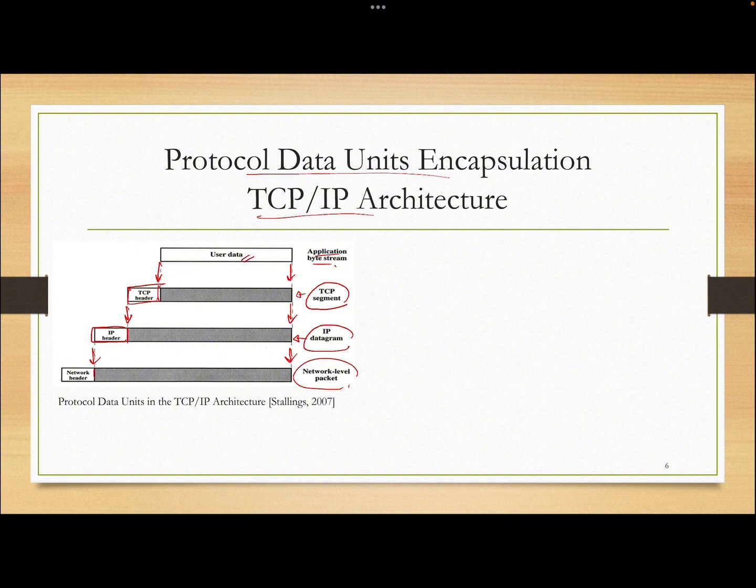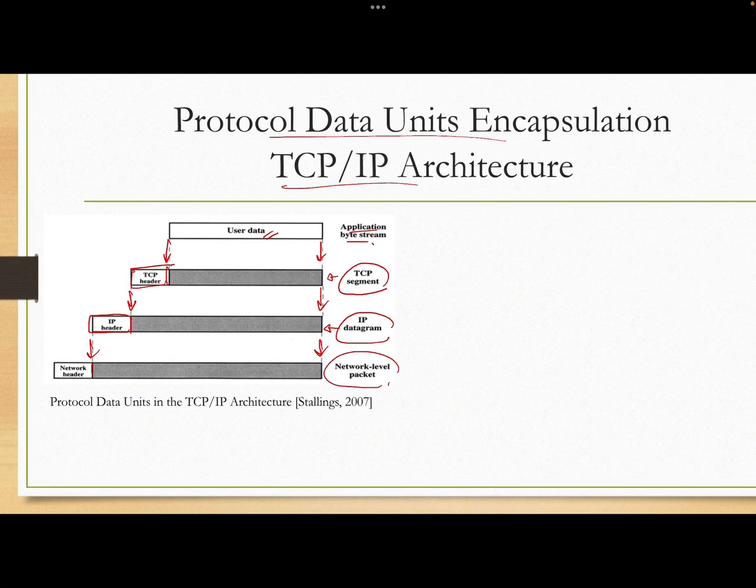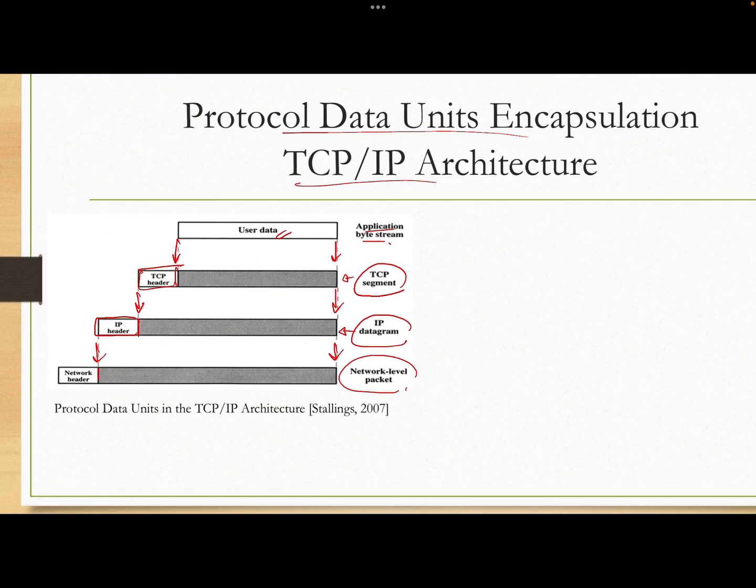So the upper layer block of data goes down, and you add a header, and then it goes down again and you add a header again, something like that. Now notice that at every layer, when you change the protocol, they call it by a different name. This block of data with the header is called a TCP segment in this layer, but in the internet layer, it's called a datagram.